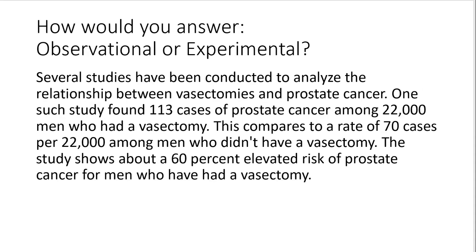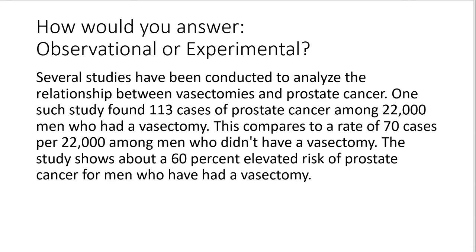So let's take a look at some examples. Here's the first one, and I invite you to determine whether this is observational or experimental study. Several studies have been conducted to analyze the relationship between vasectomies and prostate cancer. One such study found 113 cases of prostate cancer among 22,000 men who had a vasectomy.